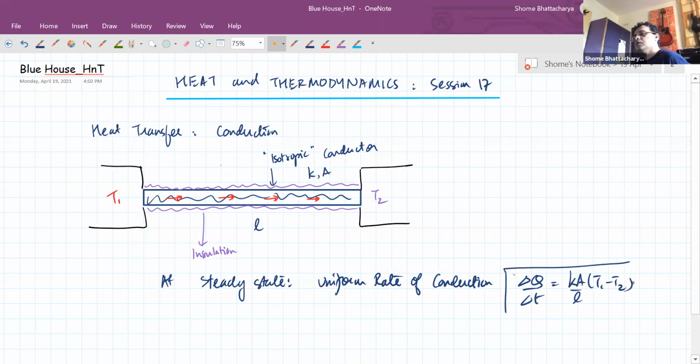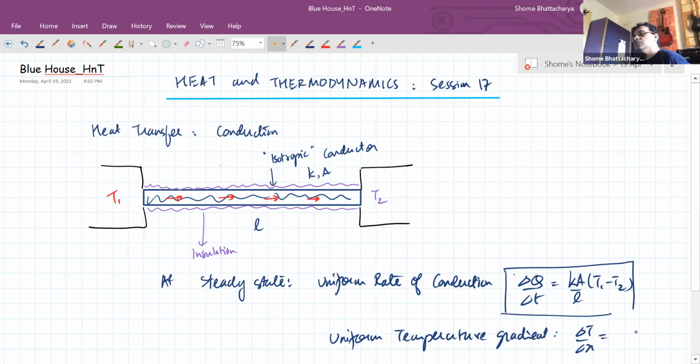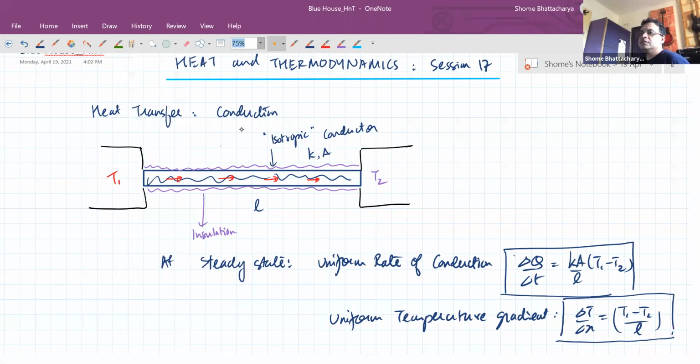Okay, and there is also a uniform temperature gradient, which is given by delta T by delta X equals T1 minus T2 divided by L. So these are the two important properties of steady state for this kind of conductor, where it is isotropic and has uniform cross-sectional area.